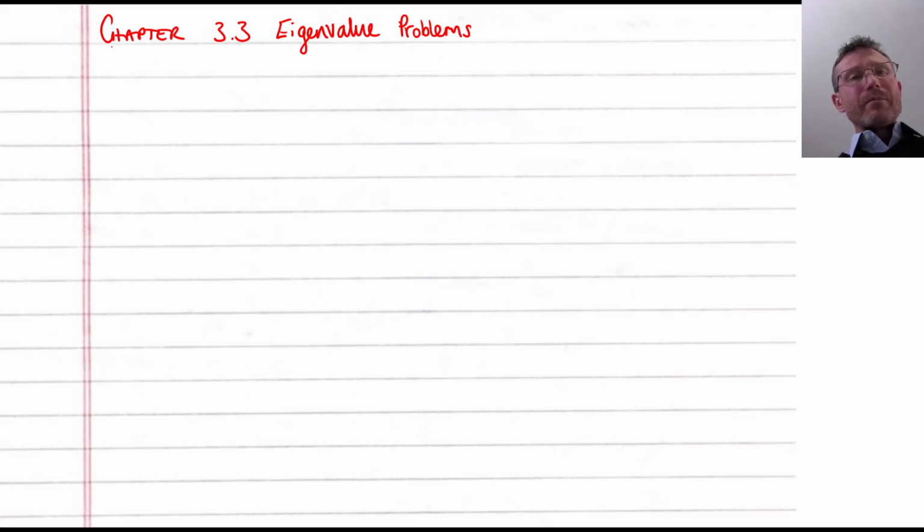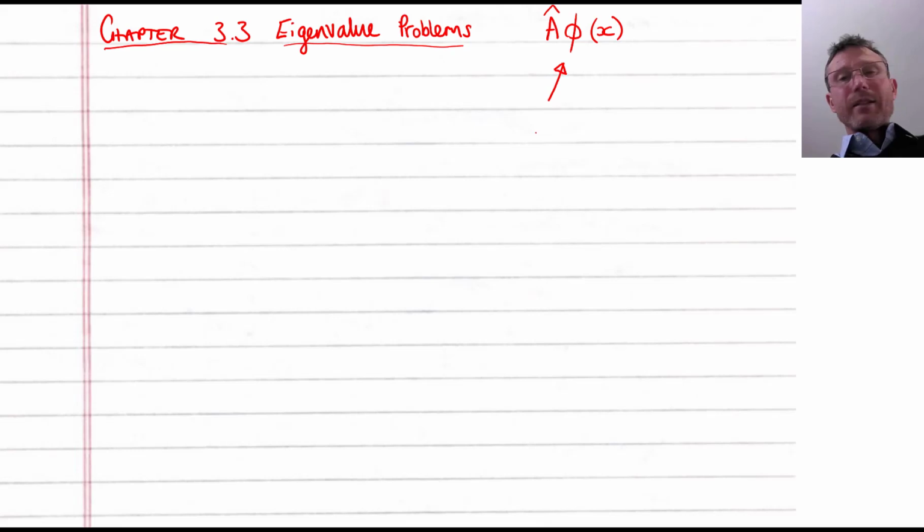So we're working from chapter 3.3, Eigenvalue Problems. The general situation is that we have our eigenvalue problem, and we have a function phi in here. This is the eigenfunction.